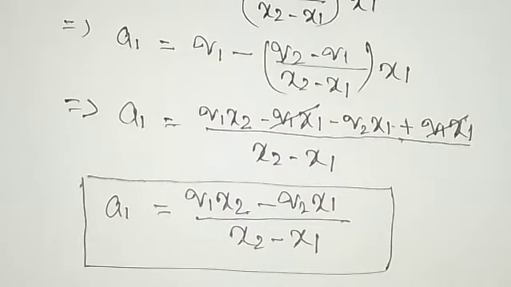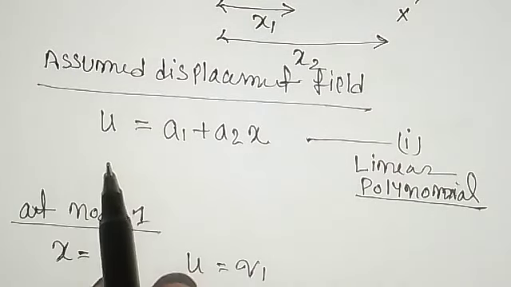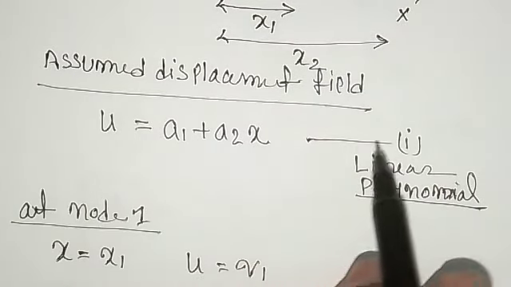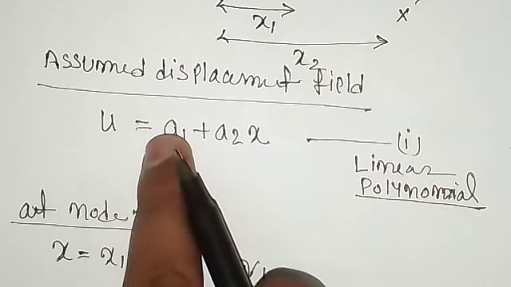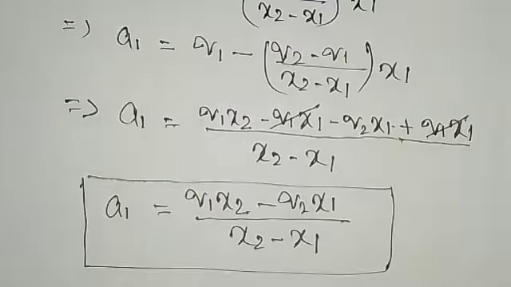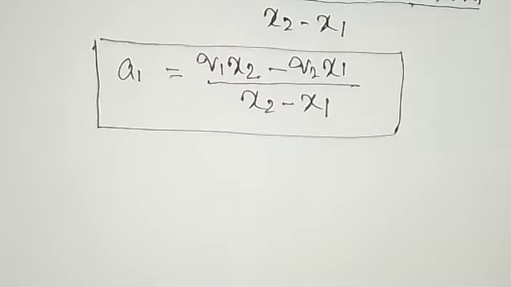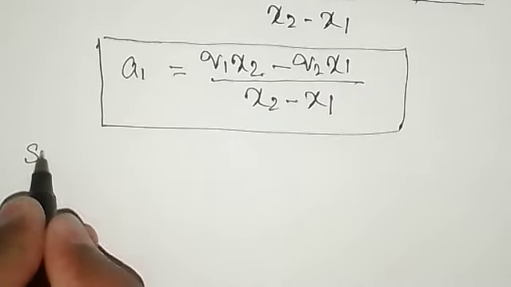So now we have the arbitrary constants a1 as well as a2. This a1, a2 we have to substitute in equation 1, which we assumed for the displacement field. So the displacement field equation u is equal to a1 plus a2x, that equation 1, which is in terms of the linear polynomial. In this equation we are going to substitute the a1 and a2 values, and we'll get the nodal displacement, right? So substitute a1 and a2 in equation 1.